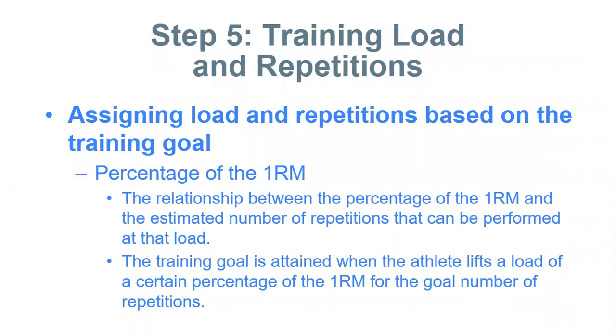So we assign the load and repetitions based on the training goal, using a percentage of a 1 rep max. Depending on the goals of the athlete, you can utilize a percentage of that 1 rep max in order to devise a program specifically from that number.